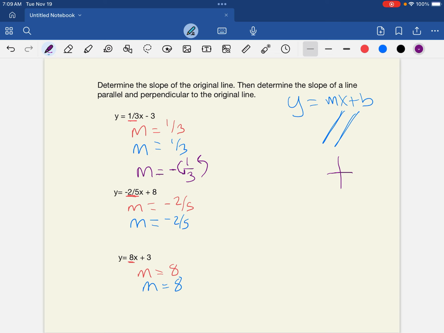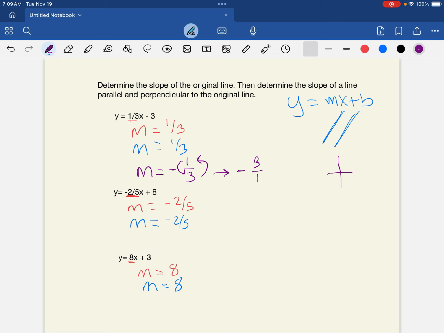For the fraction 1/3, the reciprocal is 3/1. Our opposite reciprocal, or the slope of a perpendicular line to y equals 1/3 x minus 3, is -3/1.